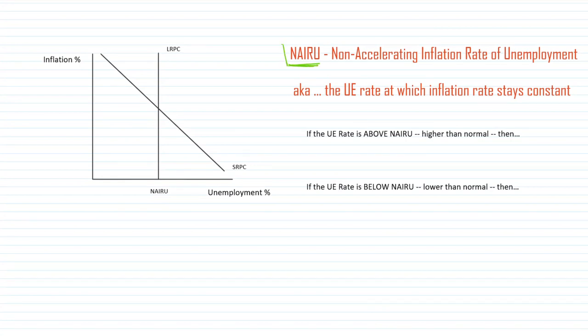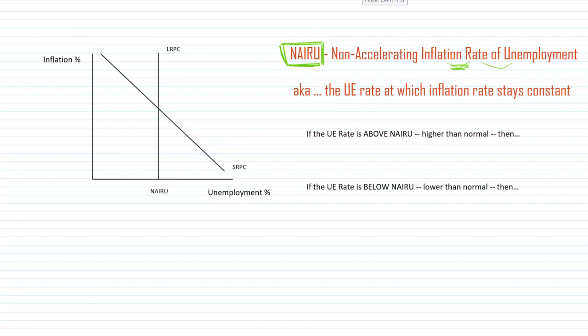I actually have always disliked the way this acronym is organized. It makes it sound to me like it is an inflation rate when it is really not an inflation rate, but a rate of unemployment. So I like to rearrange this and say the NAIRU is the unemployment rate at which inflation stays constant, at which inflation does not accelerate or change anymore.